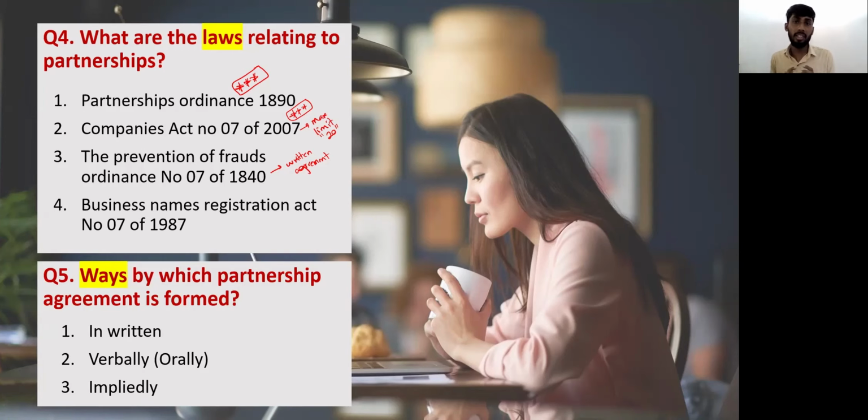By implication: now I am doing a business, another person comes and helps me. They are not directly saying that they are a partner, but they are coming and helping. In that situation, it is impliedly showing that she or he is interested in continuing the business with me. So there are 3 ways that a partnership agreement can be formed: in writing, verbally, and impliedly.